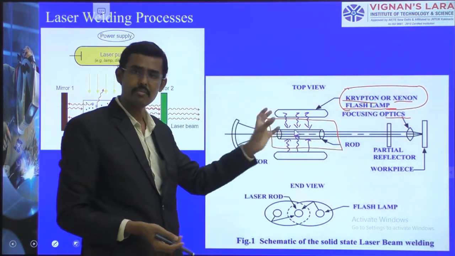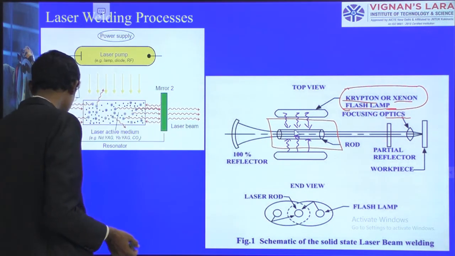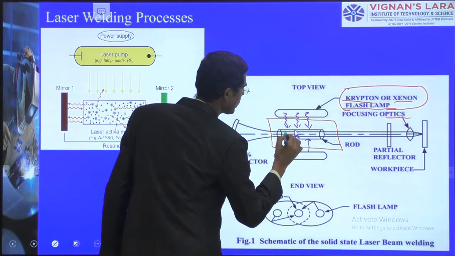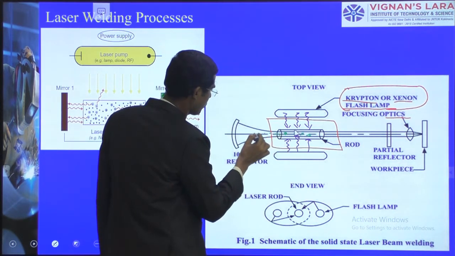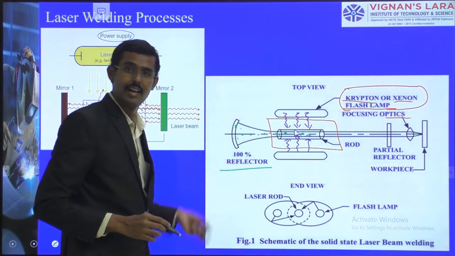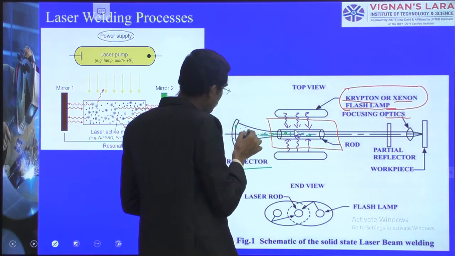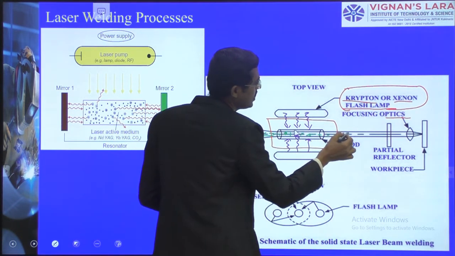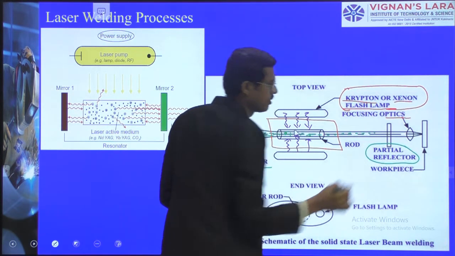Therefore, from the medium, it is getting reflected. See here, all these electrons are formed, and then it is getting reflected here in the 100% reflective mirror, and then it is coming back. It is energizing. It is coming back, reflecting, and on this side we have a partially reflective mirror.